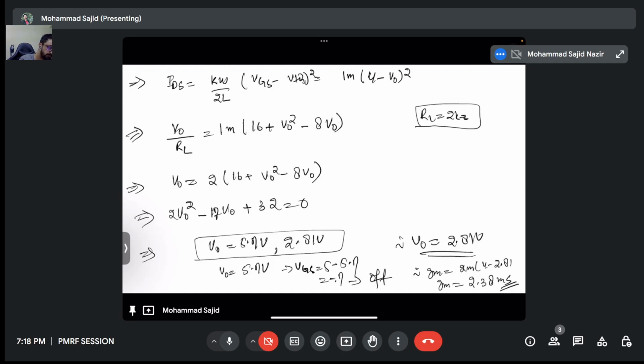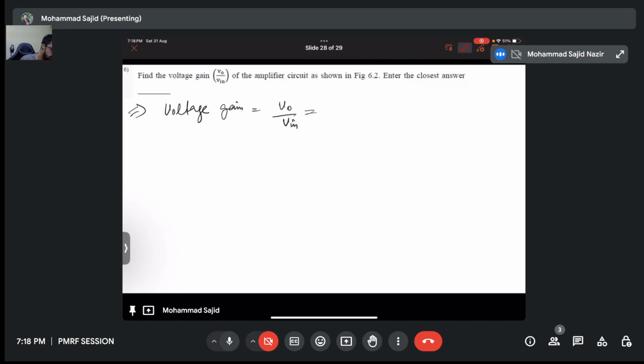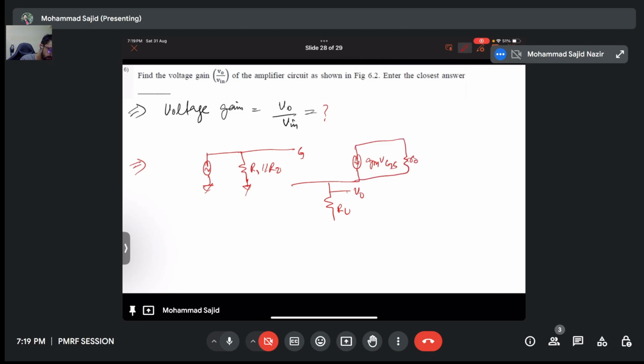I need to draw the small signal equivalent circuit. This is slightly different than what we calculate, that is a bit of calculations.